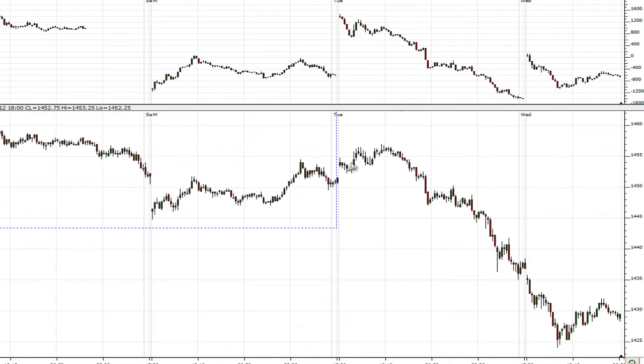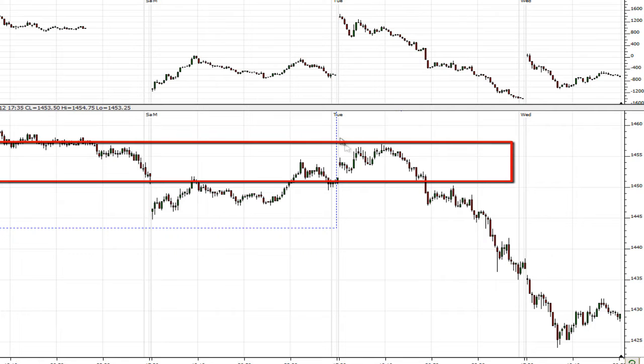This day opened up still within this whole high volume node that stretched from about here to there. So we know we're within the high volume node of this major key reference area, of this major balance. We also know that balances don't last forever. Eventually the market's going to break out one side, either to the upside or to the downside.